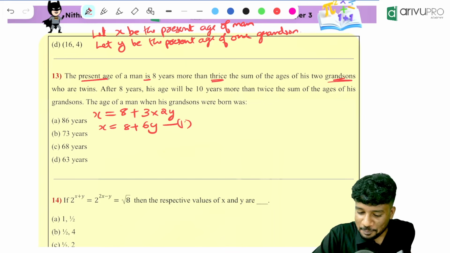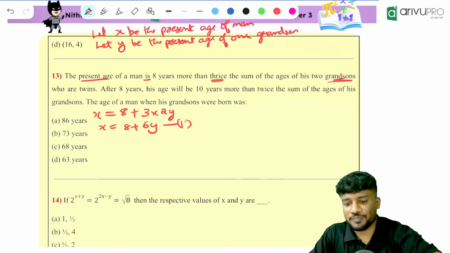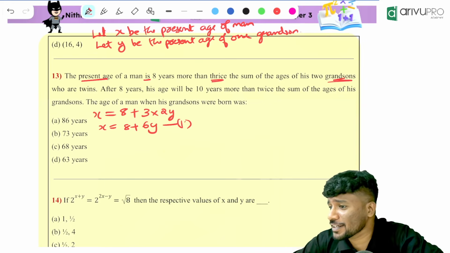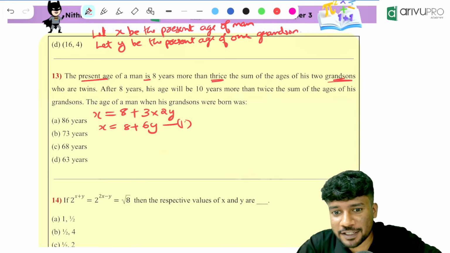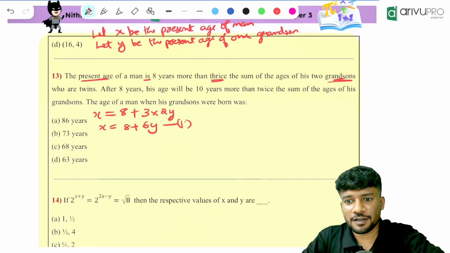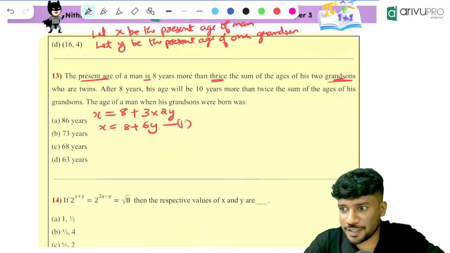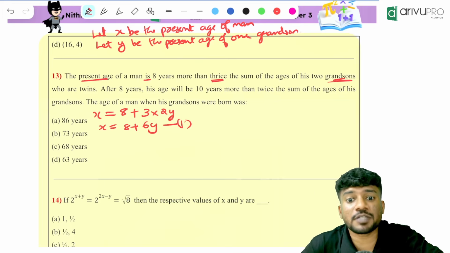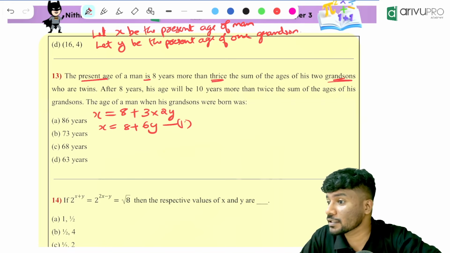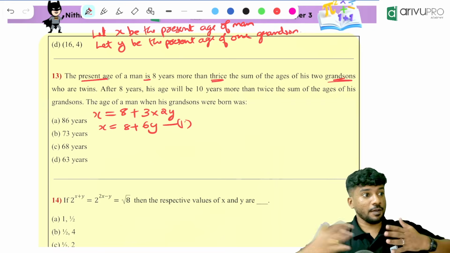Now, next one. After 8 years. People, you are now 15, 16 or 17 years old. Correct? You are now 17 years old. After 8 years, what will be your age? 17 plus 8. Correct. For example, now I am 30 years old. After 8 years, I will be 30 plus 8. Okay. For example, I am X years old.